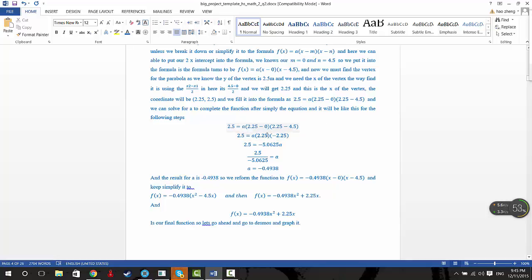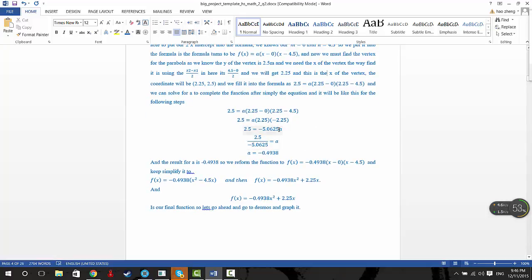Then we simplify it: we minus this with this and this with this, so we get 2.5 equals a(2.25)(negative 2.25). Then we multiply these together, and we get 2.5 equals negative 5.0625a.